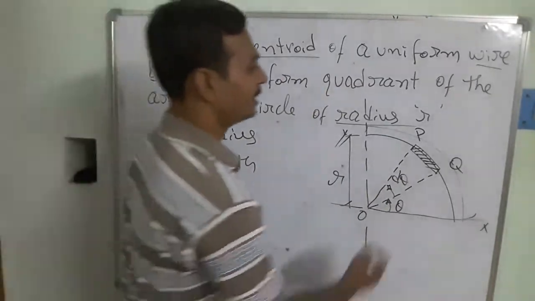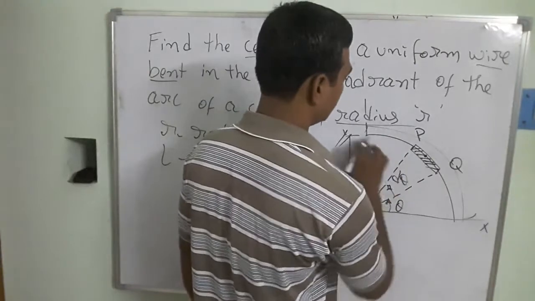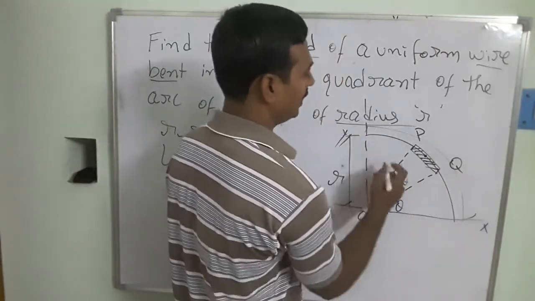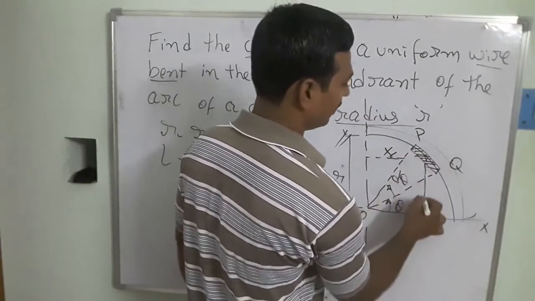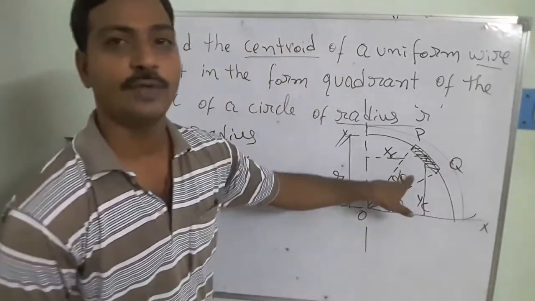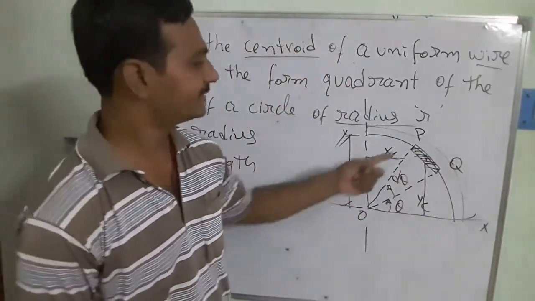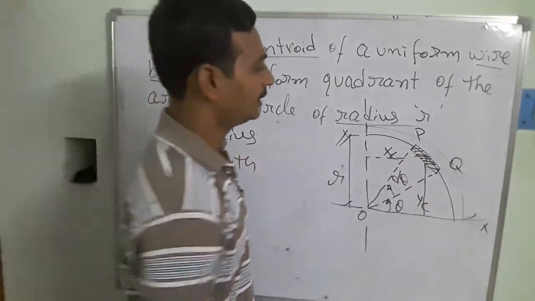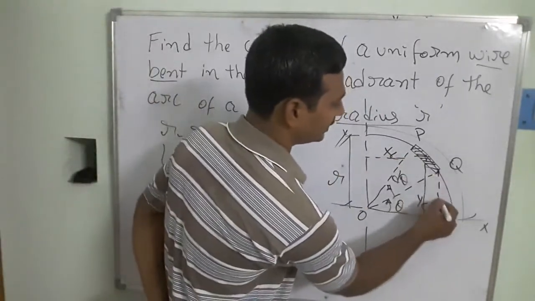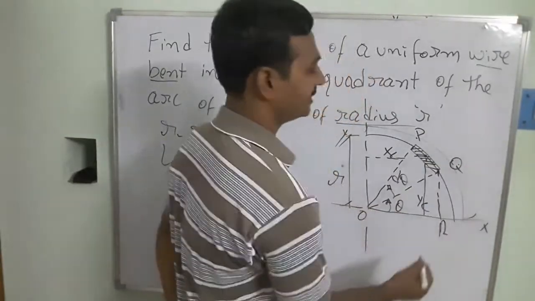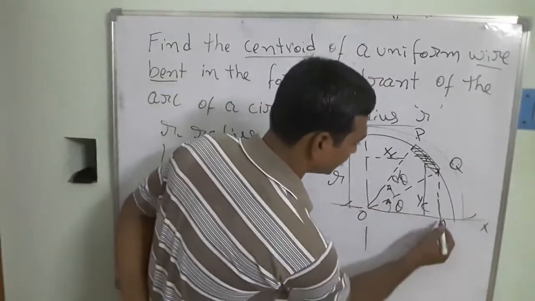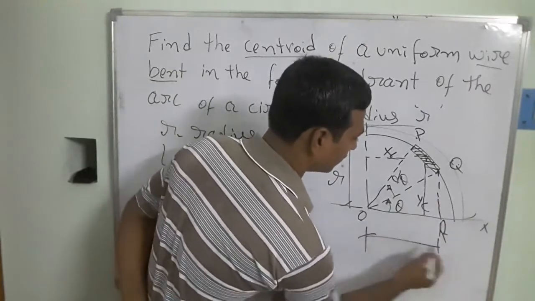At the same time, suppose the centroid of the total length of this wire is at a distance of xc, and this is yc. We don't know exactly where the centroid is, but I am assuming that it is at this point. Then this other point is R, so P, Q, R. The distance O R is x.